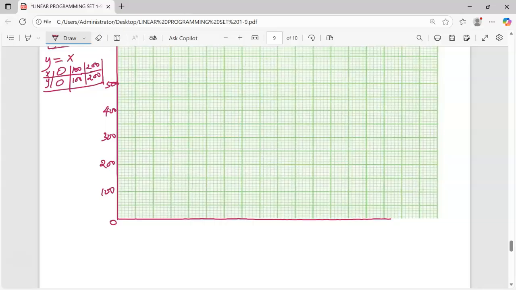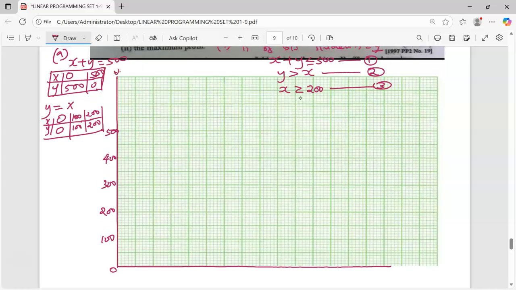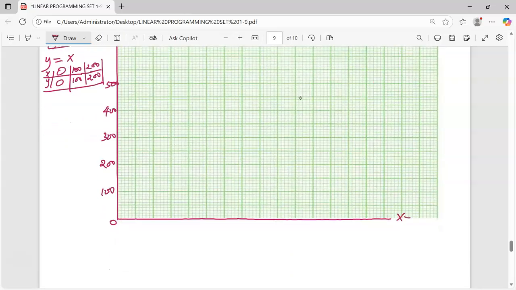On the x-axis, it's good to mention that this is y-axis. This is also x-axis. On the x-axis, we are going to use a scale of 1 centimeter to represent 50 units. So we are going to have 100 here, we have 200, 300, 400, 500, up to around 600 here.